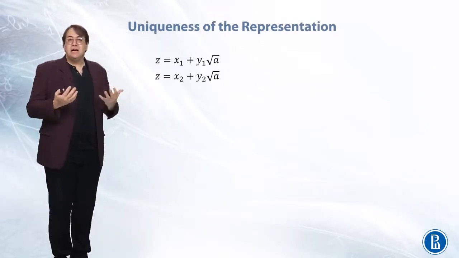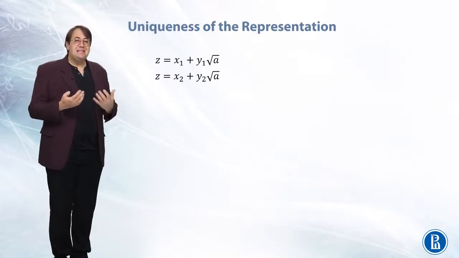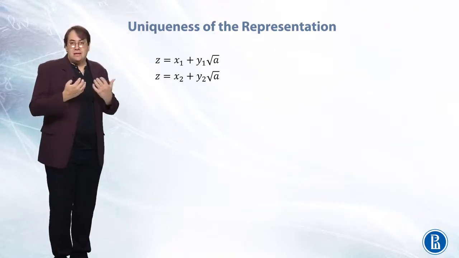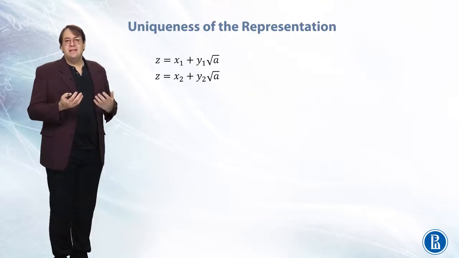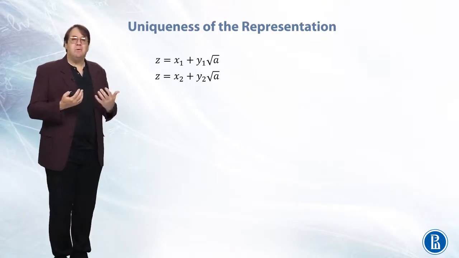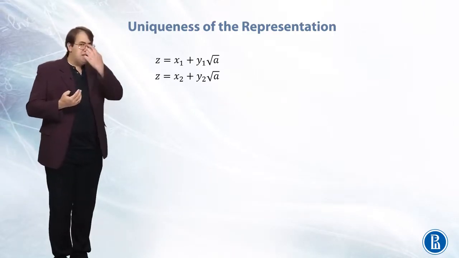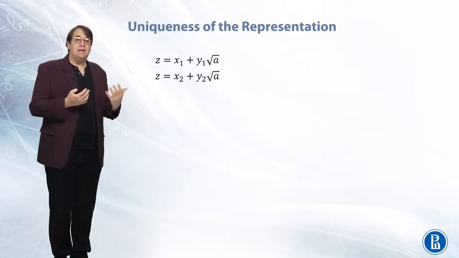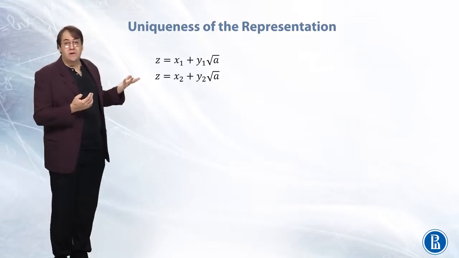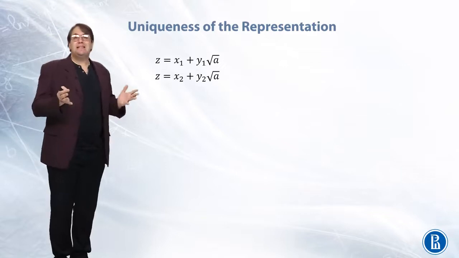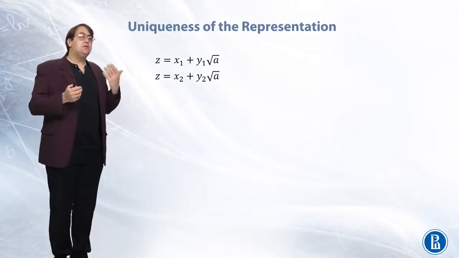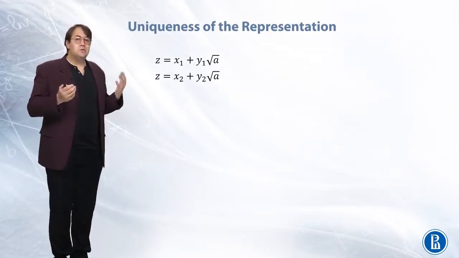Well, it turns out that the representation is indeed unique. Let us show this. So suppose that some real number z is represented as x1 plus y1 square root of a, and at the same time it is represented as x2 plus y2 square root of a.